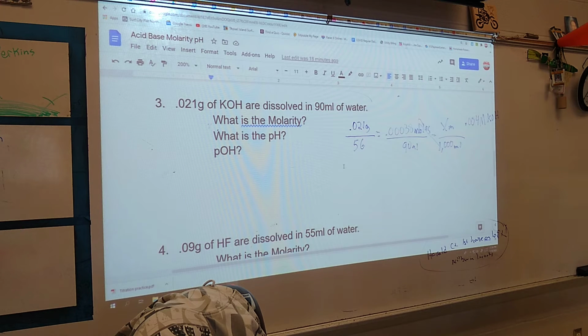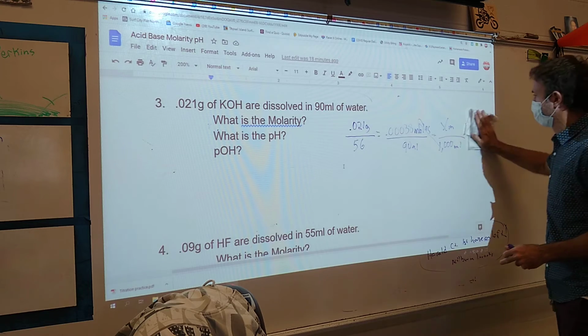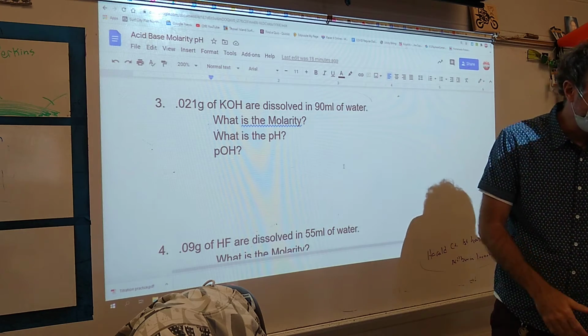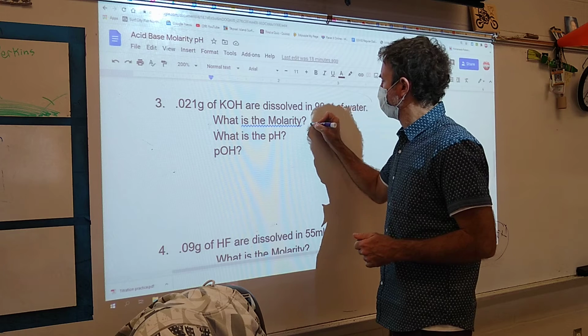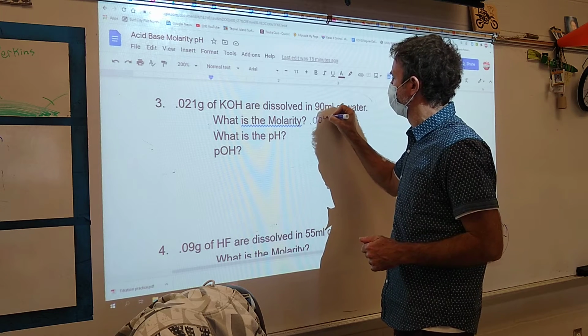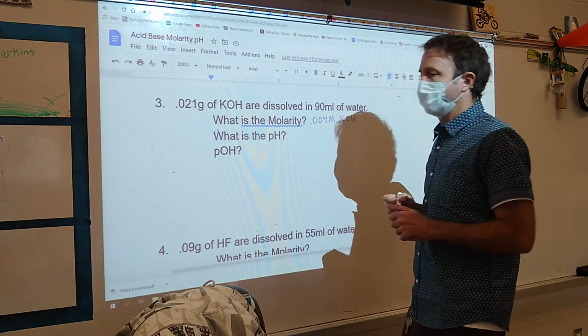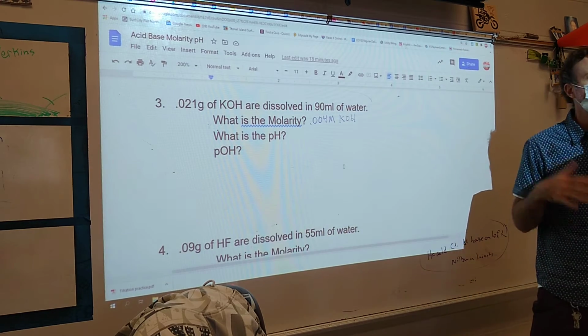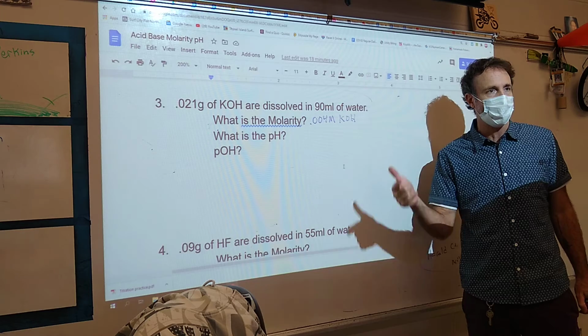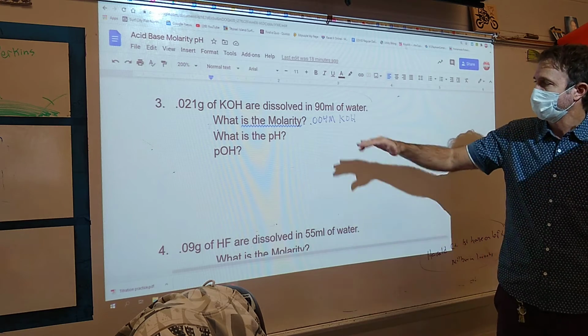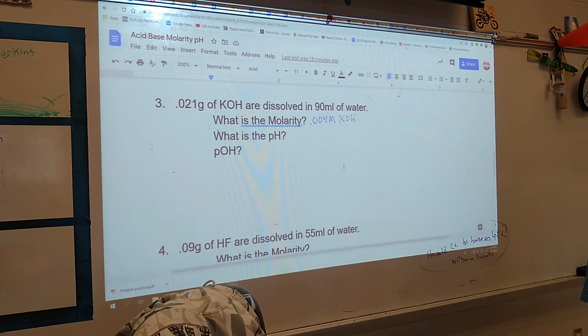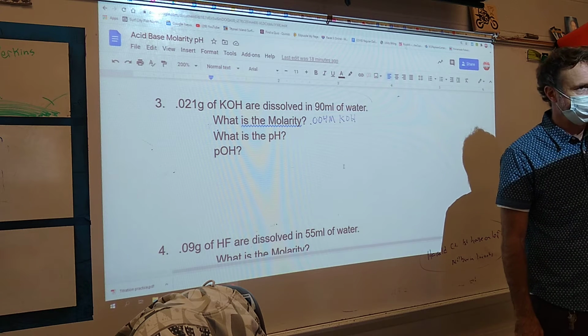Okay. So I'm going to erase this. Now we're going to think about it. 0.004 molar KOH. So now to find the pH is the negative log of the molarity. So we're going to take this down and we're going to hit log negative. But guess what?